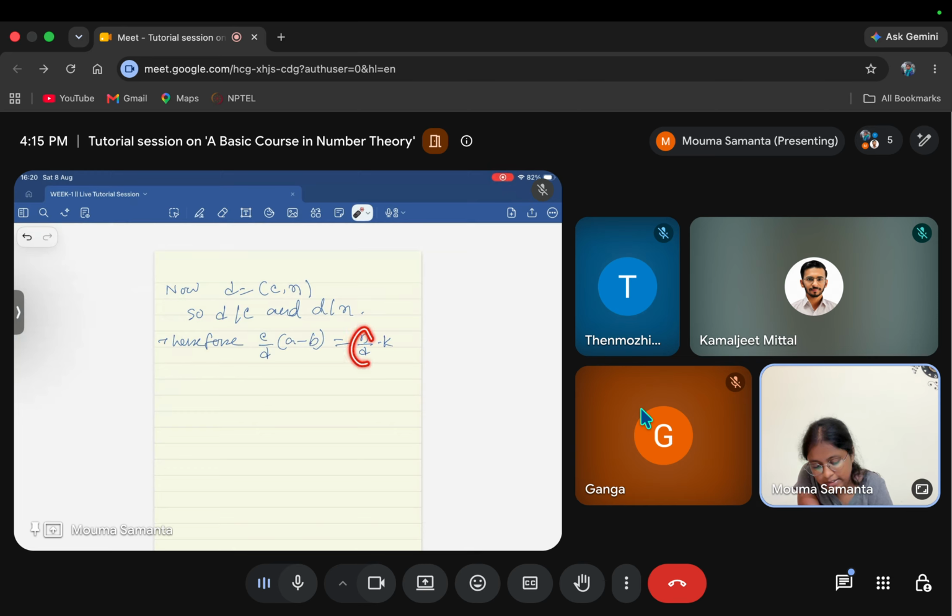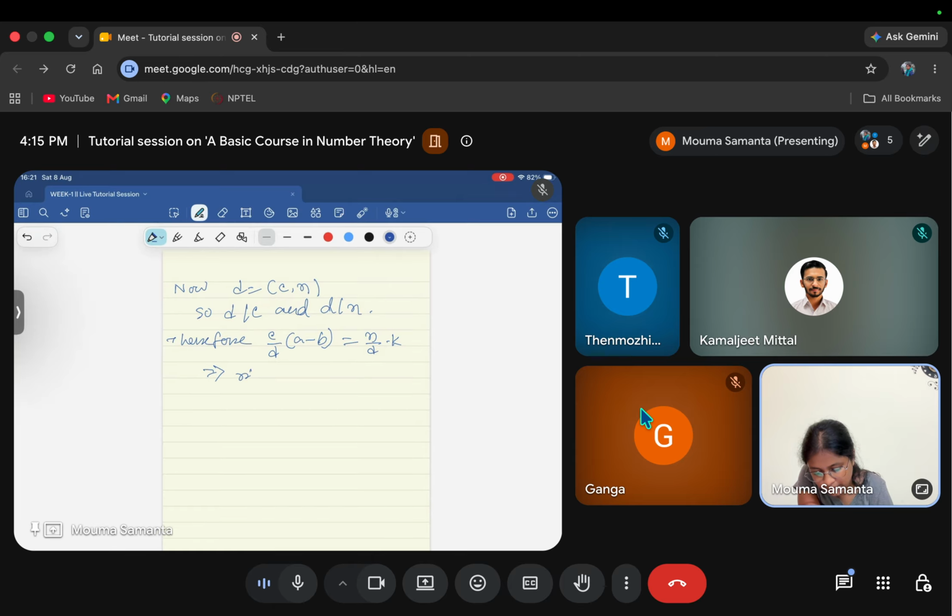Now this is an integer, this is also an integer, so say r equals c by d and s equals n by d. Then we have r times (a minus b) equals s times k.